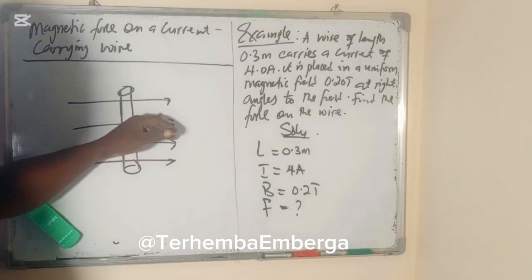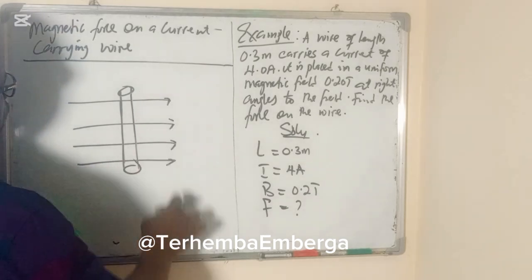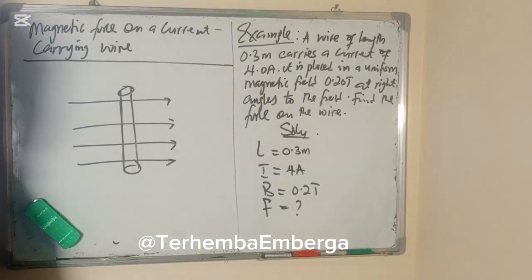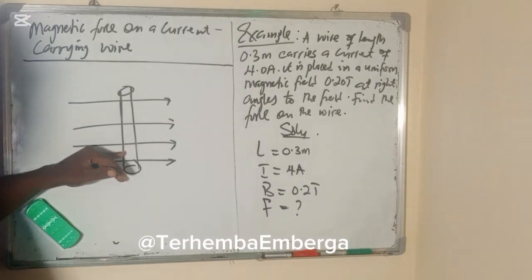We have maximum force. But if it is placed parallel to the field, the force becomes 0. At that point, no angle is involved, and theta will be equal to 0.